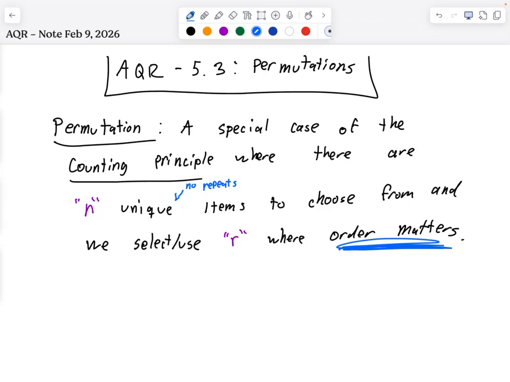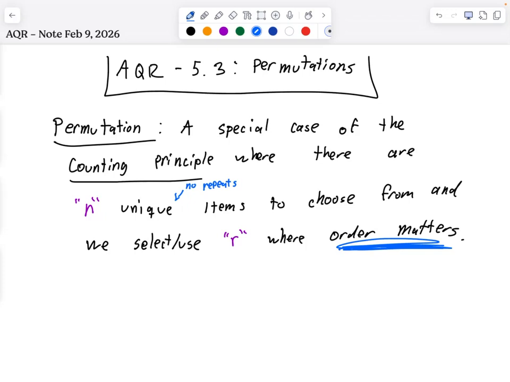For example, when does order not matter? That's what we're going to talk about on Wednesday's lesson, or Thursday's lesson, on combinations. That's when order doesn't matter. Let's say we're selecting 3 students. It doesn't matter what order you're selected. If you get selected, you're happy. Let's say I'm going to give a candy to 3 students.